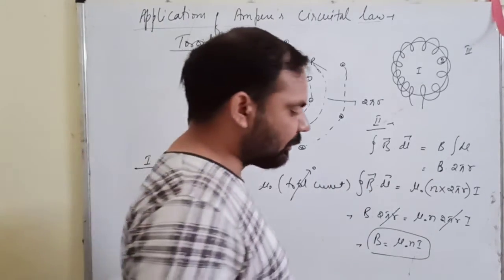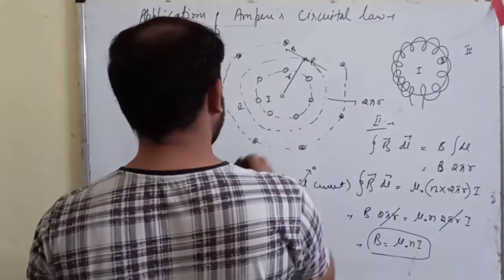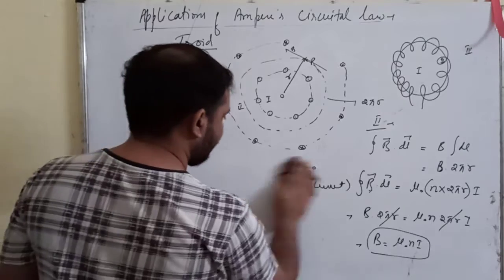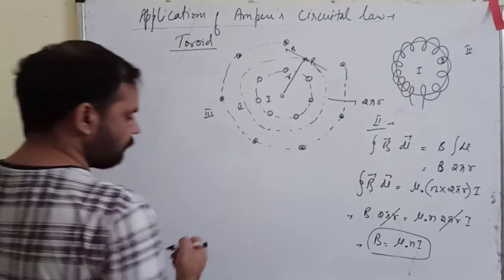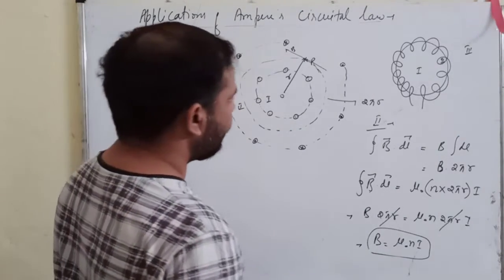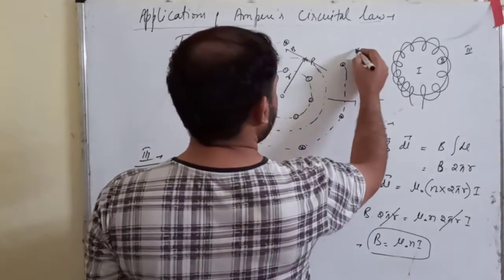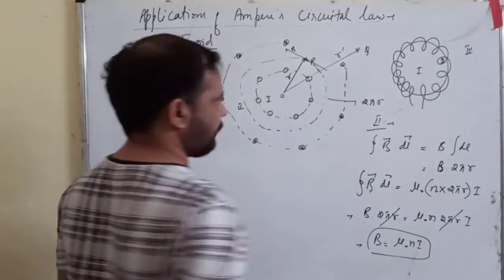Now we move on to the third part, the last one, the region outside the toroid. In this third region, suppose I take a point Q with a radius, say r dash.